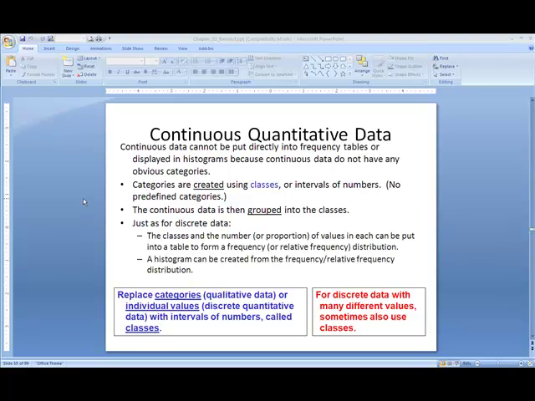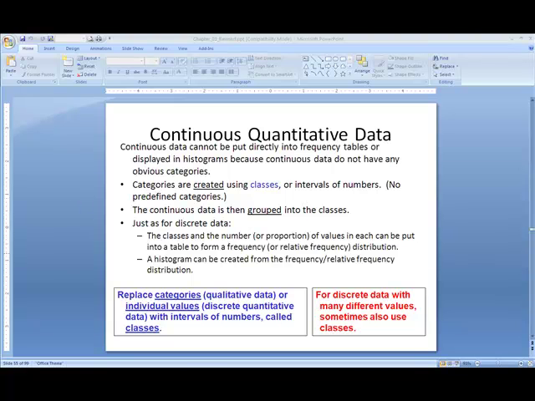Now there are ways where I could say I want you to have so many classes, and I want these things called cut points to be whole numbers. That would kind of force everybody's histogram to look similar. But in reality, there could be many different histograms that would come out from the same data.